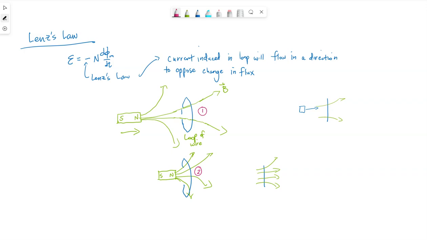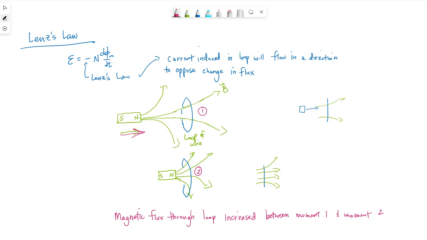So what we're seeing here is the magnetic flux through this loop increased between moment 1 and moment 2. So this just represents me bringing this bar magnet closer to the loop.